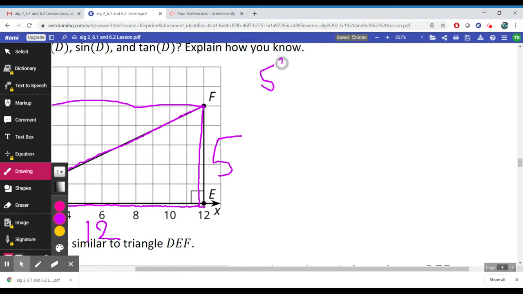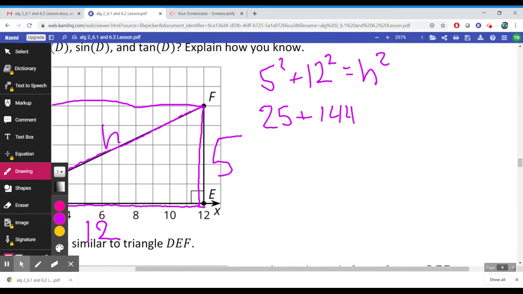5 squared plus 12 squared equals, this time I'll use h for my hypotenuse, so h squared. Squaring both 5 and 12 gives me 25 and 144.